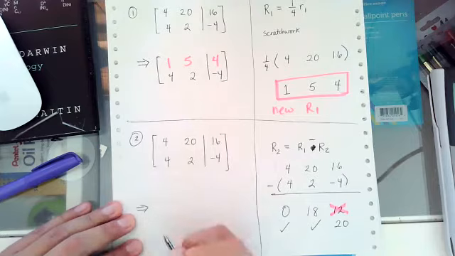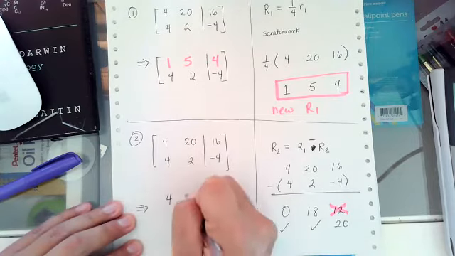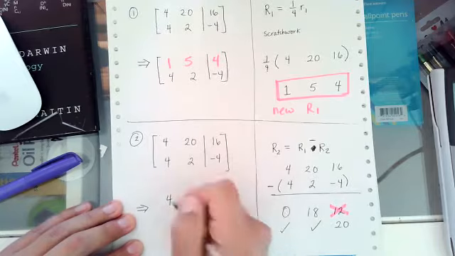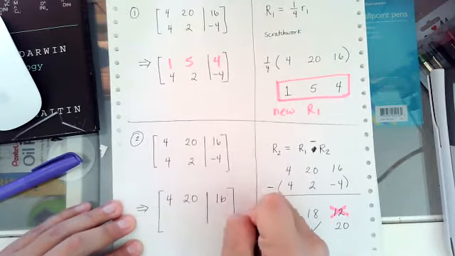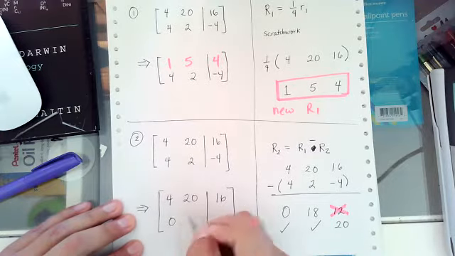So our resulting matrix, again, we're only changing R2, so R1 stays the same. Will be 4, 20, 16, and 0, 18, 20.